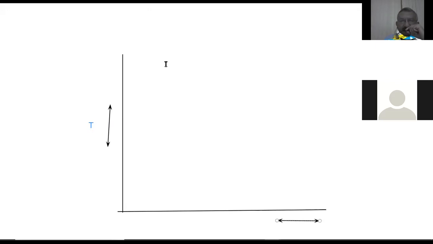We don't have symbols to type here, so I am just putting it as text, theta. Got it? So you are trying to plot the torque with respect to an angle.